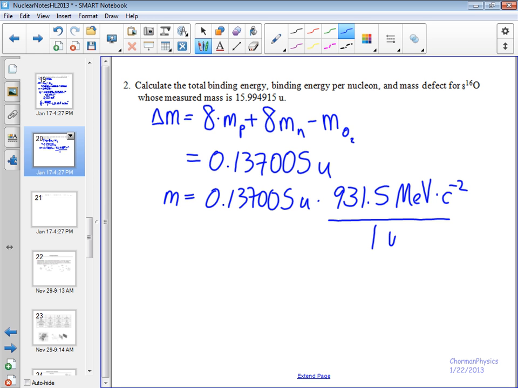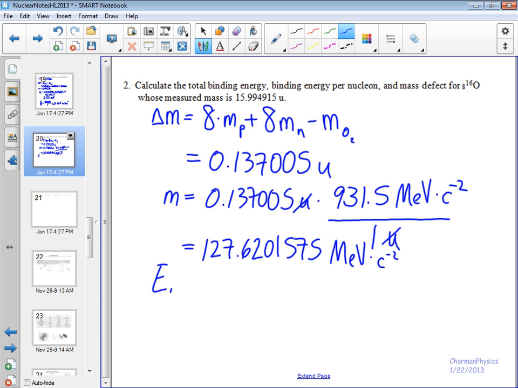Remember, mega electron volts per c squared. This is an annoying thing, but we have to do it like this, all right? Because we're not dealing with energy quite yet. We want to get to binding energy by using this conversion, which makes life much easier for us. So when we do this, we get this 127.6201, ridiculously long. I know I'm abusing my sig figs here.